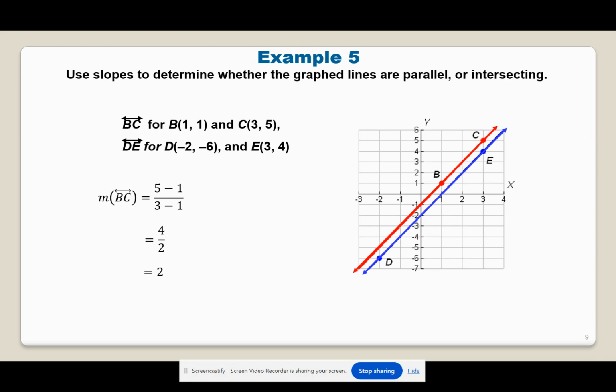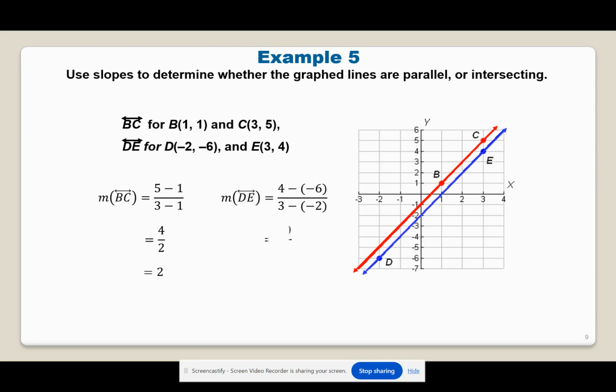Okay? Do the same thing for the slope of DE. I'm going to take the 4 minus a minus. And again, if you can go ahead and think of that as plus 6, great. You're welcome to do that. And 3 plus 2 on the bottom is totally fine as well. You do not have to write in the minus a minus. I said that's just for those of you who are still trying to get that formula down.